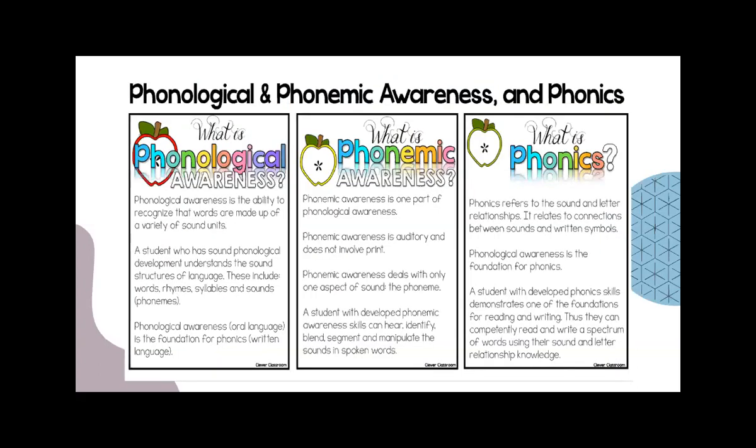One of the things that we hear quite often is phonological awareness, phonemic awareness, phonics, all of these words. Sometimes they're used interchangeably, but they're not exactly the same thing. Phonological awareness is oral language, and it is the foundation for written language. Phonemic awareness is auditory input, and it does not necessarily involve print.